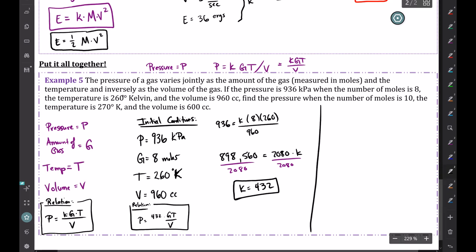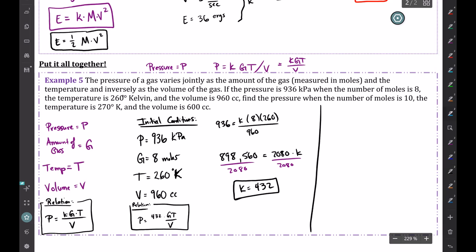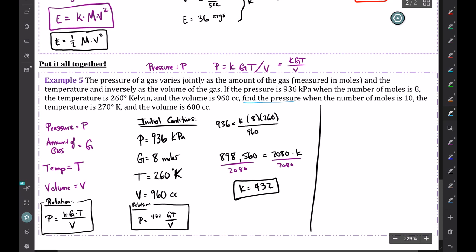So now the last step is to solve the problem with the given conditions. It says find the pressure when the number of moles, so that'd be G equals 10. The temperature is 270 degrees Kelvin, and the volume is 600 cc's.